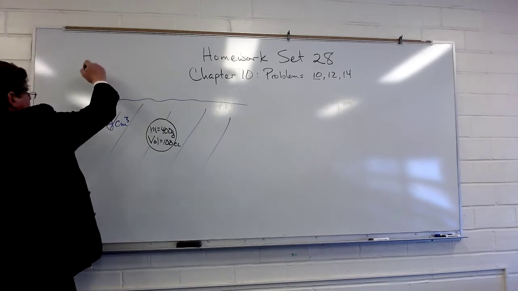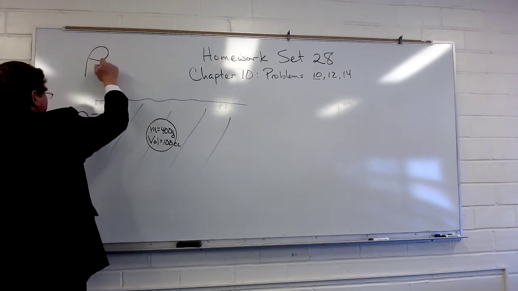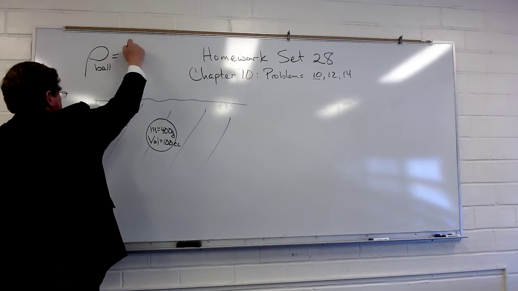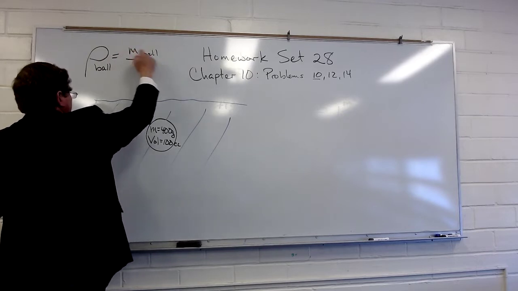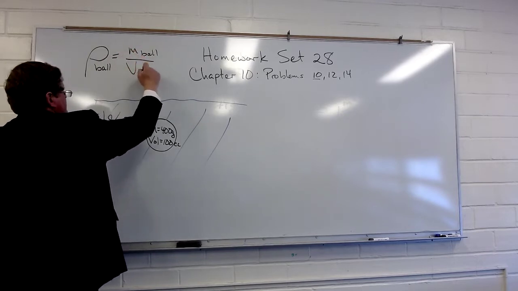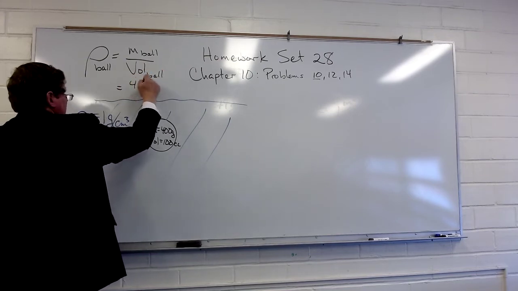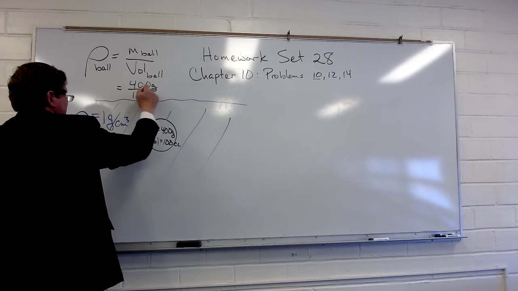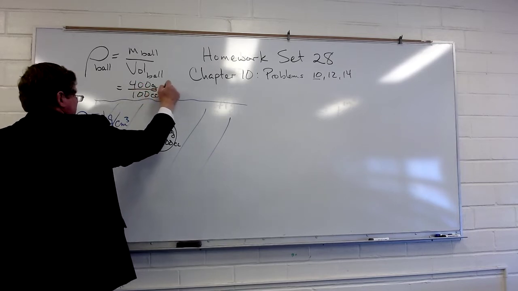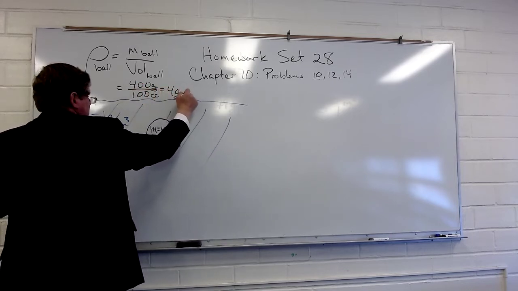Now, the density of that ball is going to be the mass of the ball divided by the volume of the ball. And that's going to be 400 grams divided by 100 cc, or 4 grams per cc.